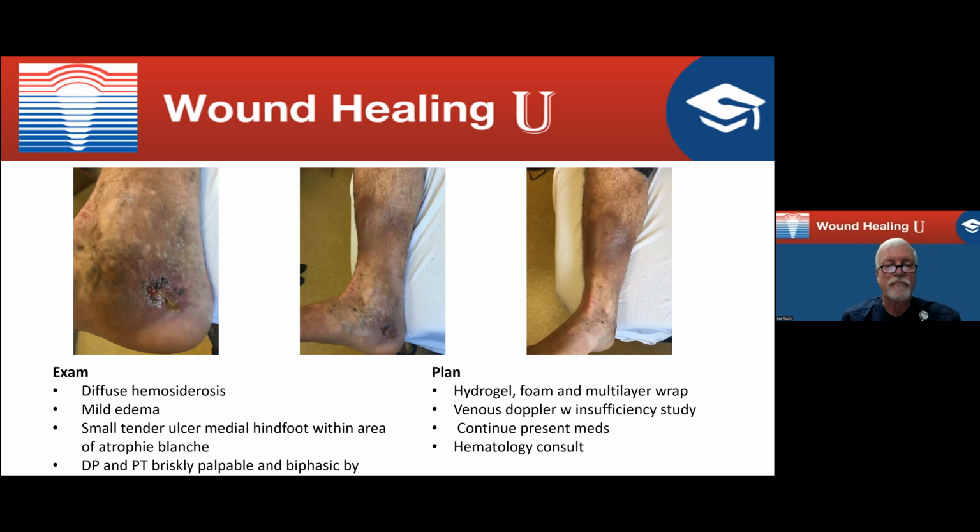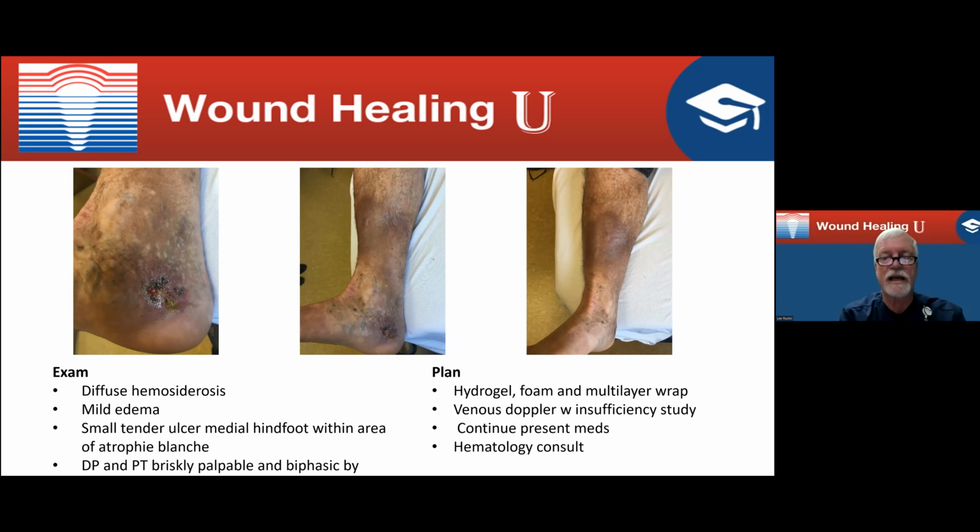So this was his exam, and all of these cases I'm sharing with you are from our practice here. You look at this diffuse hemosiderosis, mild edema, small tender ulcer in the medial hindfoot within that area of atrophy blanche.